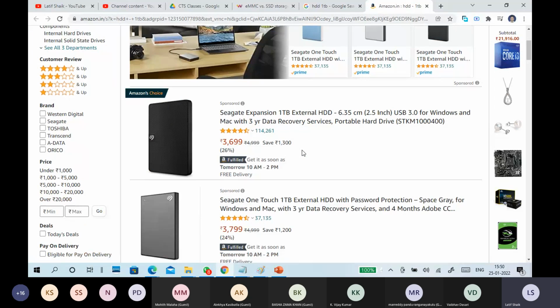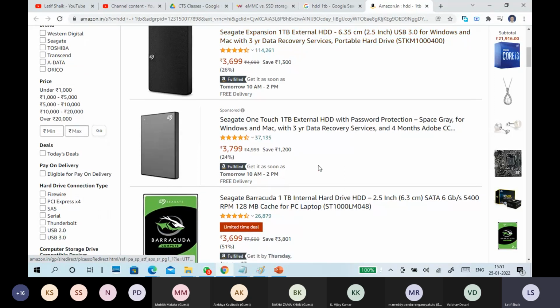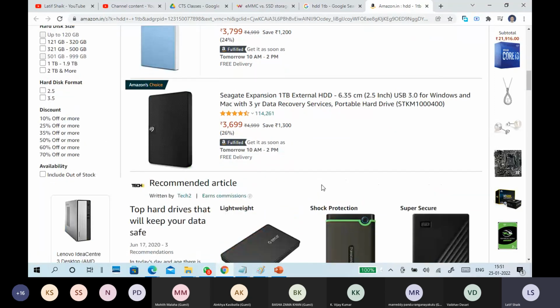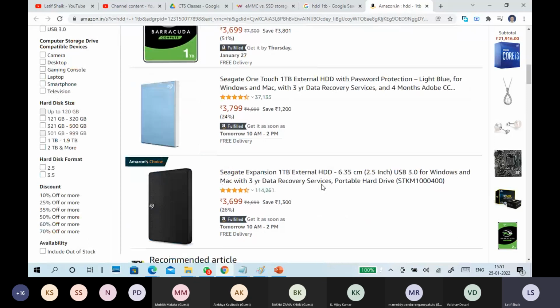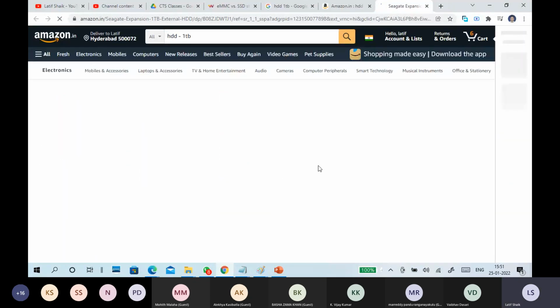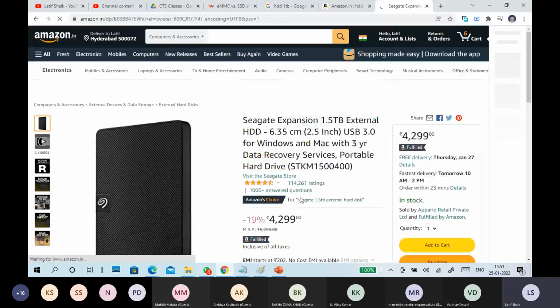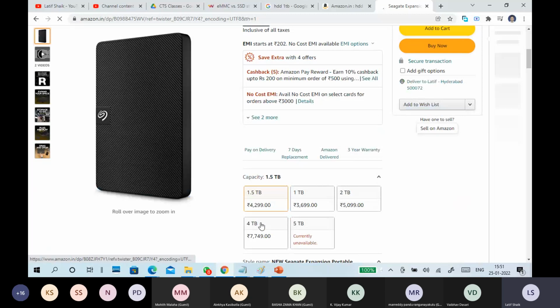This laptop came with a 500 GB hard disk, and I added a 1 terabyte one inside. See, this external hard disk is also there. This is a 1 terabyte hard disk. Now I'll open it. You'll find a different hard disk. See, sizes change, and the internal structure is also different.